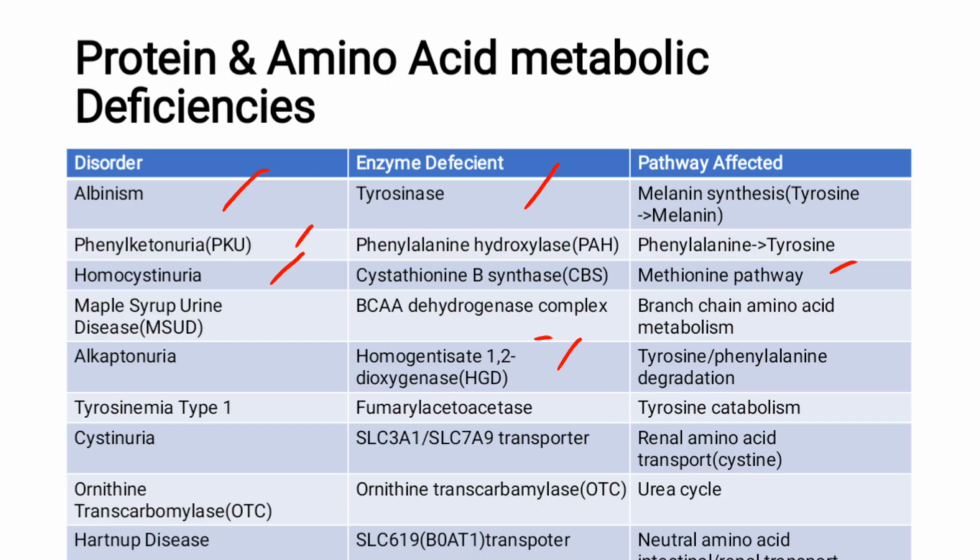Then we have ornithine transcarbamylase deficiency from the urea cycle, and the enzyme deficiency is ornithine transcarbamylase. The pathway affected is the urea cycle, you already know that. And then we go to Hartnup disease. The deficiency is the SLC6A19 transporter, for neutral amino acids in the intestine.